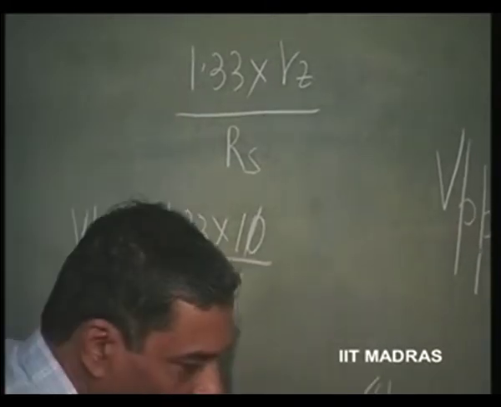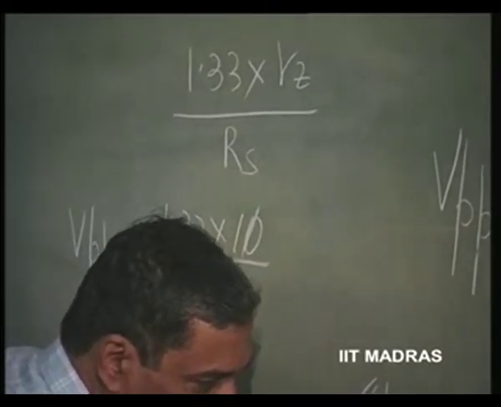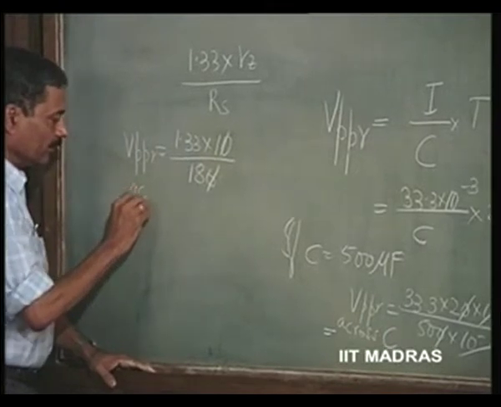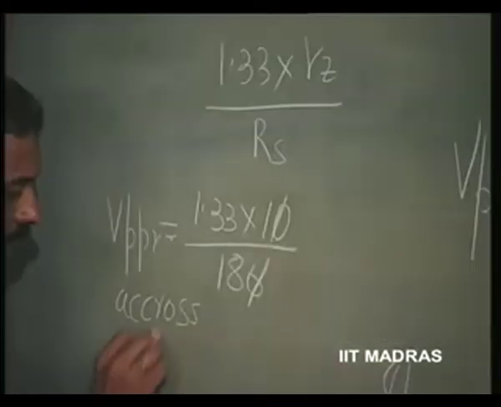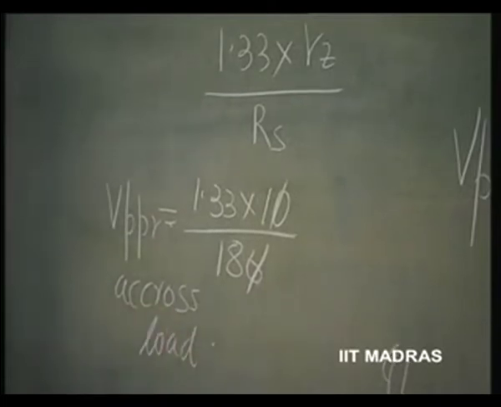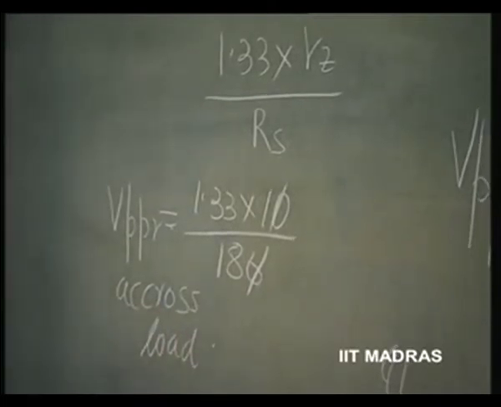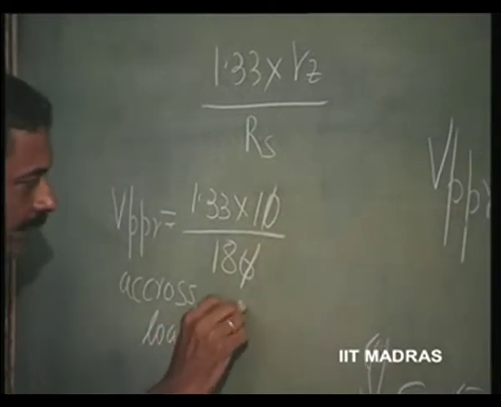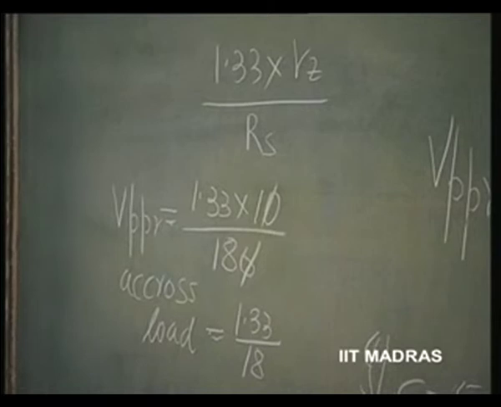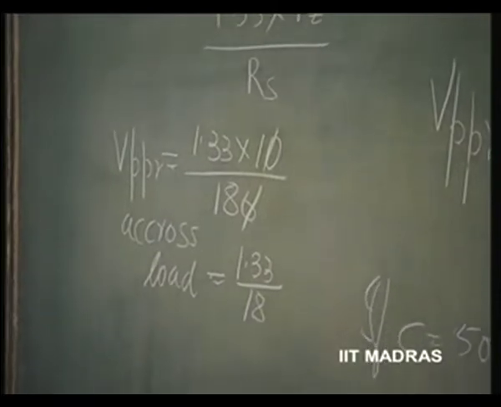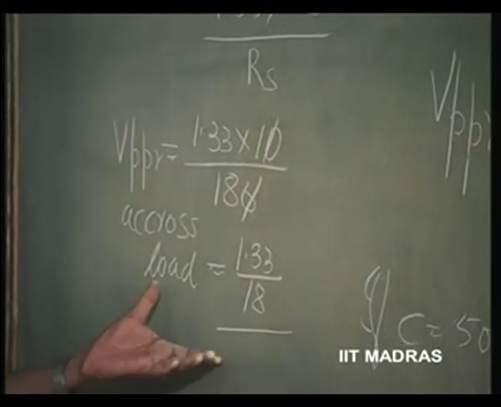This is across C, and this will be across the load. So, you can see that there is a reduction by a factor of 18 across the load for the peak to peak ripple. So, the design now is complete.